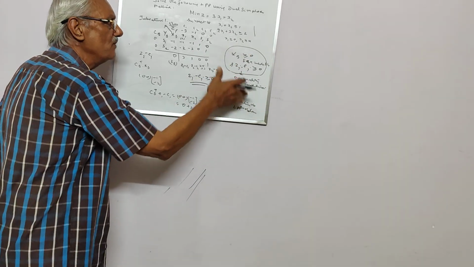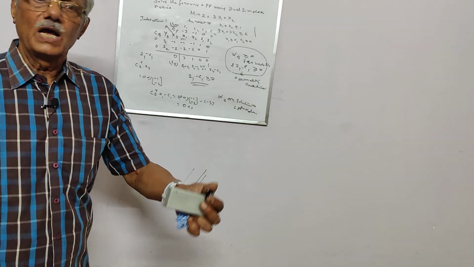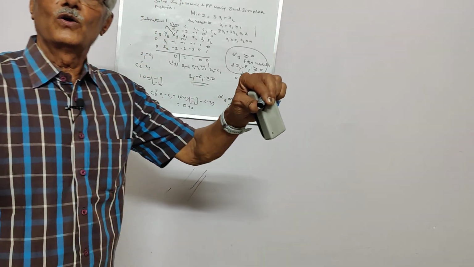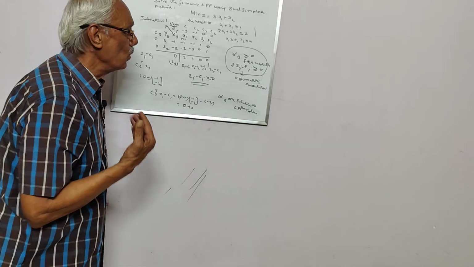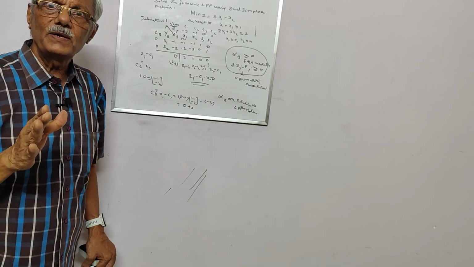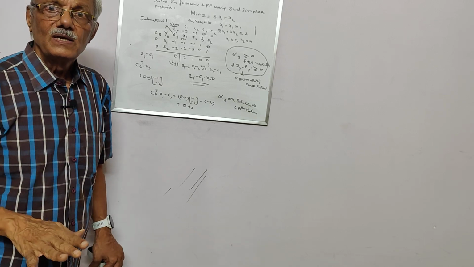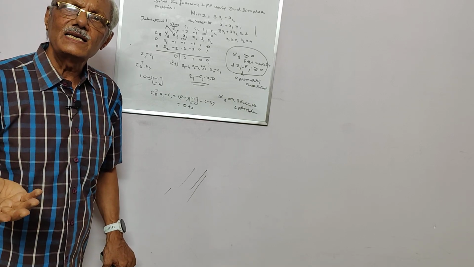So only when these two are satisfied, we say that the problem is solved. Otherwise the problem is not solved. If it is not solved, you ask yourself the question: has the optimality condition been satisfied? Yes. Has the other condition, feasibility, been satisfied? No, it is not satisfied.